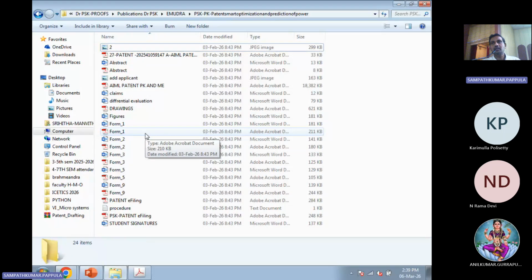All these files need to be uploaded. In every form, your signatures are required. For example, if 10 or 5 members are there, you need each name and signature. That table is required for every file, every form.